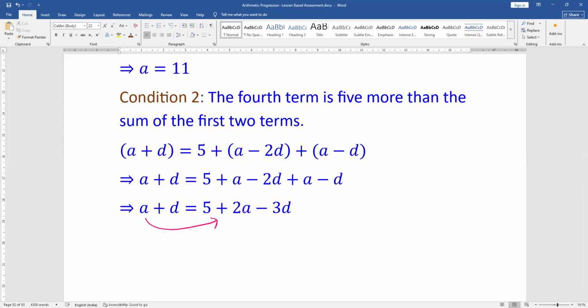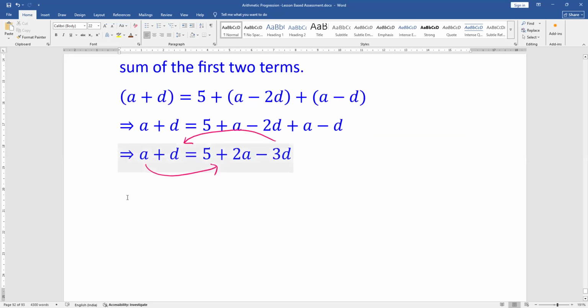So this minus 3d, move it to the left hand side. So in the next step we write d plus 3d on the left hand side, and on the right hand side I write 5 plus 2a minus a.